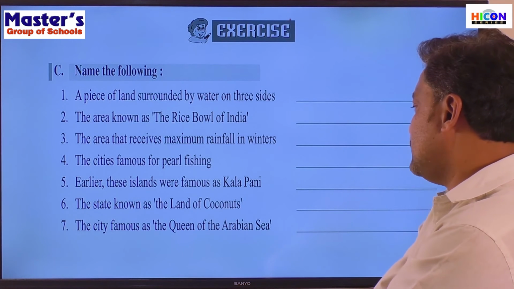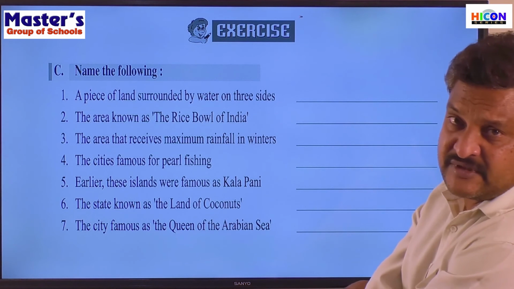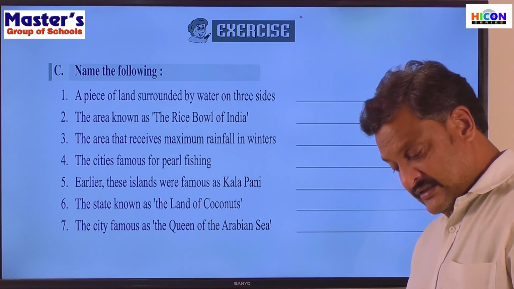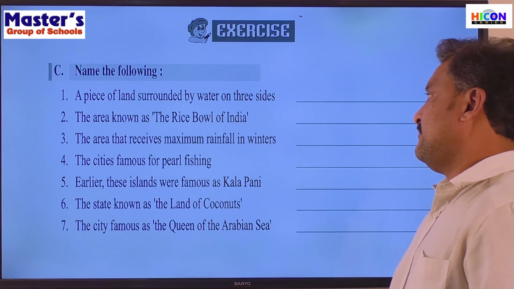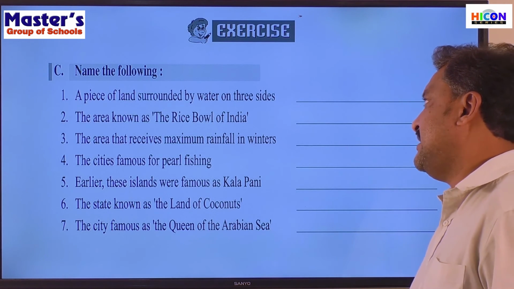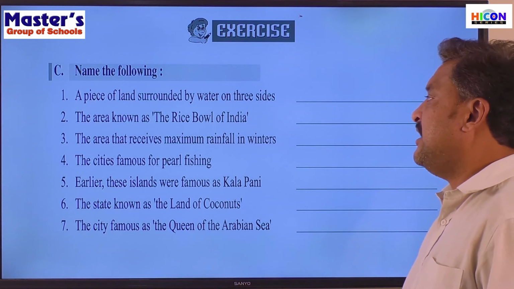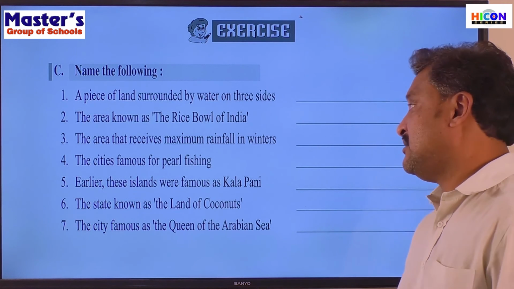The city famous as the Queen of the Arabian Sea is? Which city is famous as the Queen of the Arabian Sea? Yes, Kochi is famous as the Queen of the Arabian Sea. So a piece of land surrounded by water on three sides is a peninsula. The area known as the rice bowl of India is the Northern Circars.